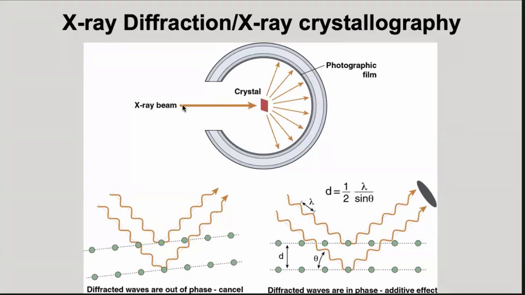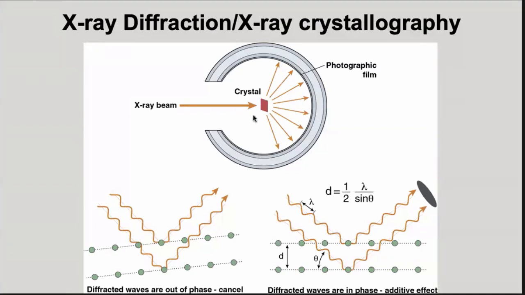So you do shine a beam of X-rays into the center of this cylinder lined with a piece of film, but in the center of the cylinder, you place a crystal of whatever it is you're trying to study. And that crystal is gradually rotated around 360 degrees inside this cylindrical chamber.